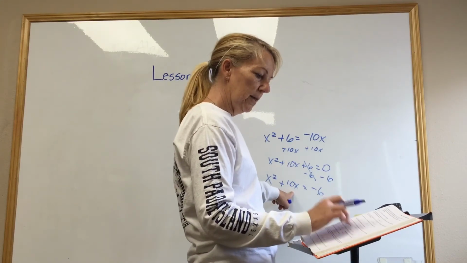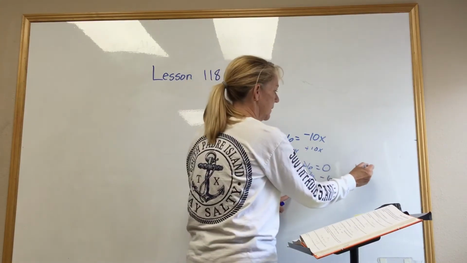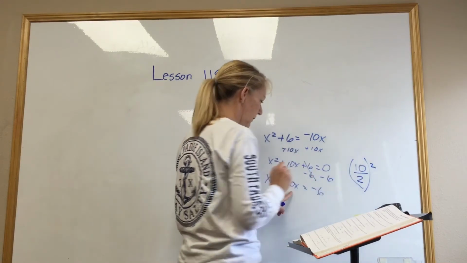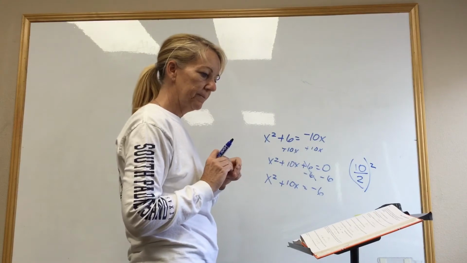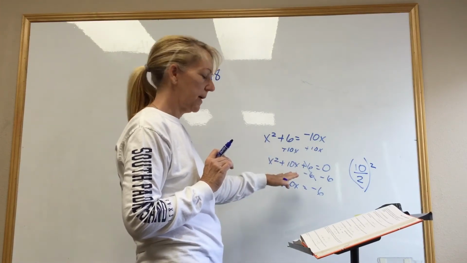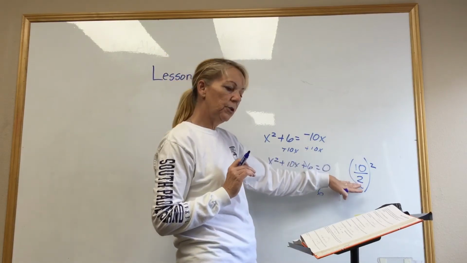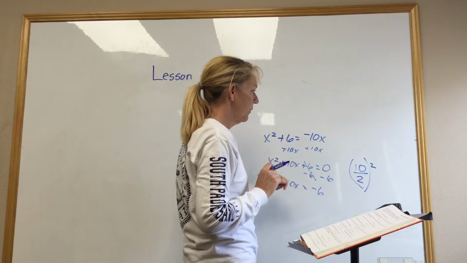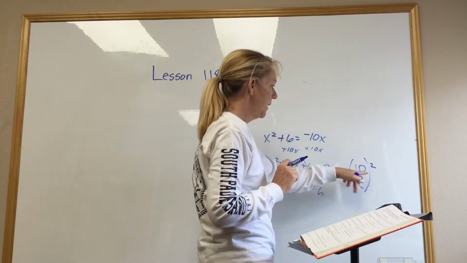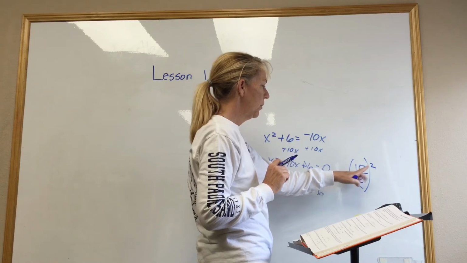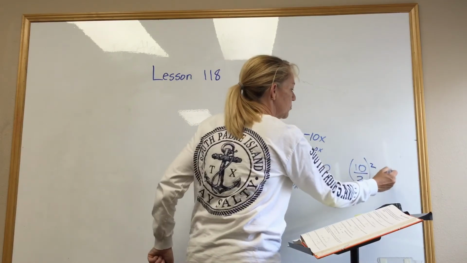They took the 10x, divided it by 2, and squared the whole thing. So we took the coefficient of x, which is 10, divided by 2, and squared it. That equals 25. If you square 10, you get 100. If you square 2, you get 4. 100 divided by 4 equals 25.